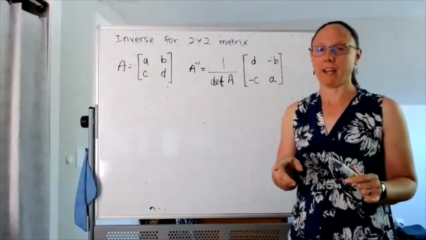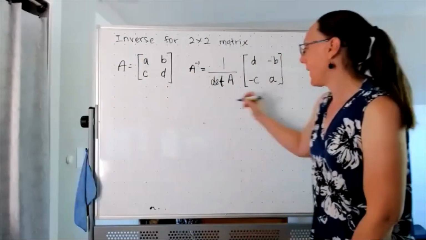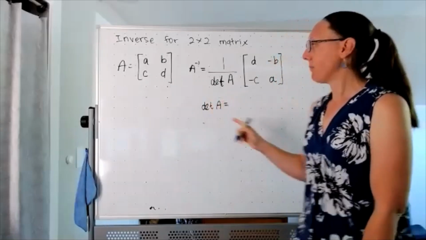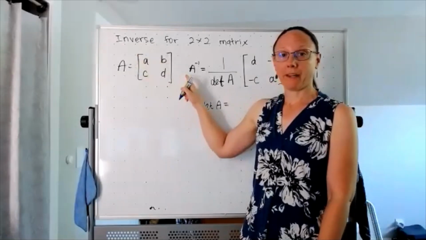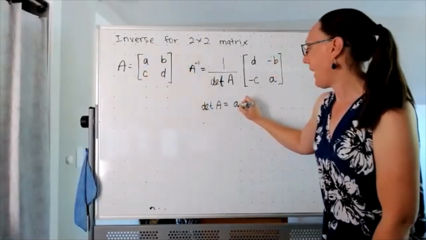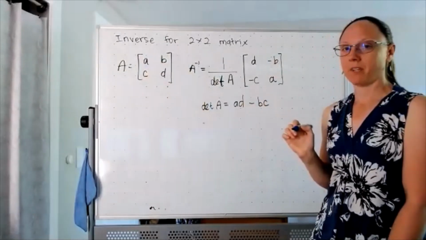Maybe not so much in 8.8, but definitely next quarter in 17C. So the way that we would find the determinant of that matrix is A times D minus B times C.